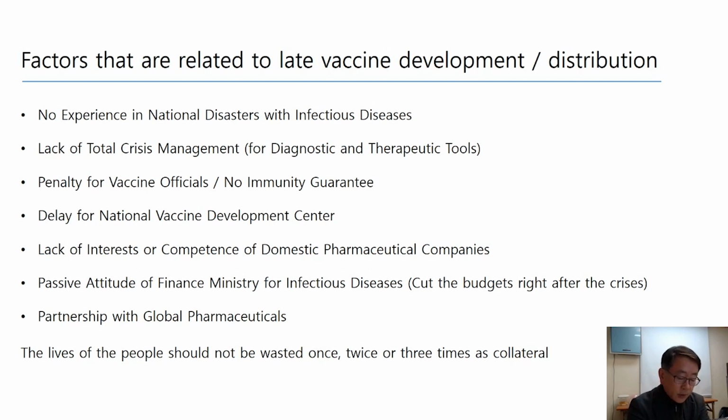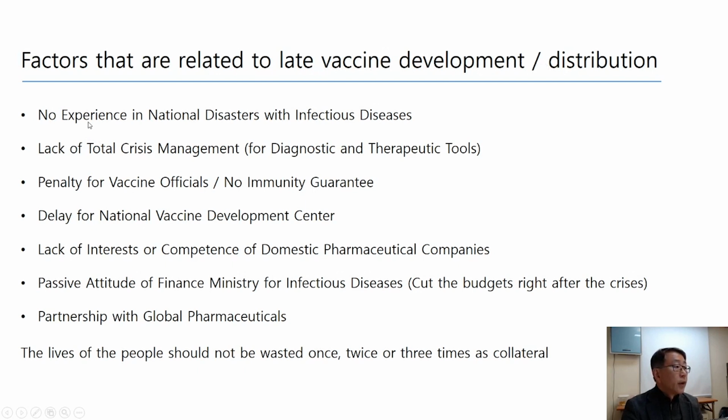But I thought about why it took so long to be in this situation, and why we happen to be rather late in acquiring the COVID vaccine, and came up with 7 factors that might be involved individually or in combination. Let me read from the top. The title is Factors that are related to late vaccine development or distribution.